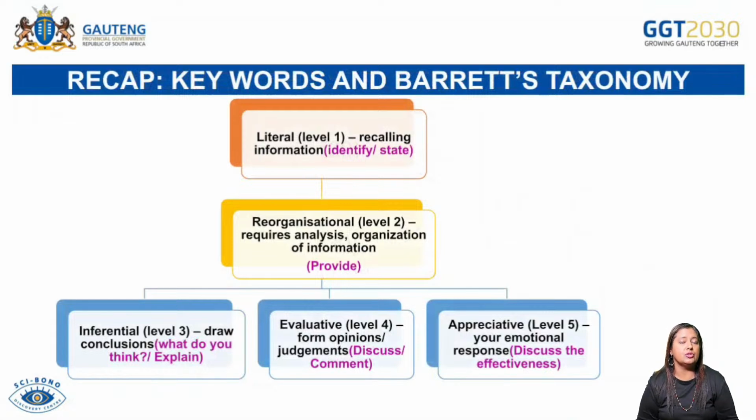Then we get to the ones that are a little more in-depth, trying to get into your mindset and see what you are experiencing when you read or interact with certain texts. Level 3 is the inferential one, where we see whether you can draw a conclusion from what you've read.